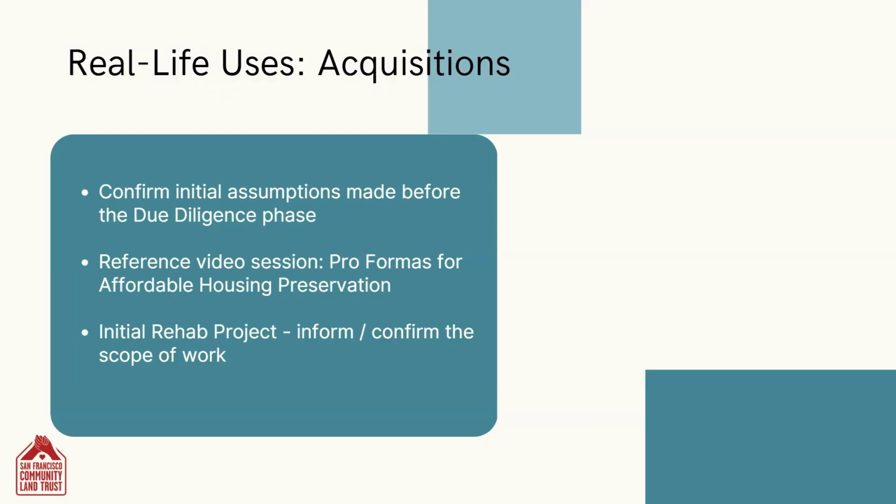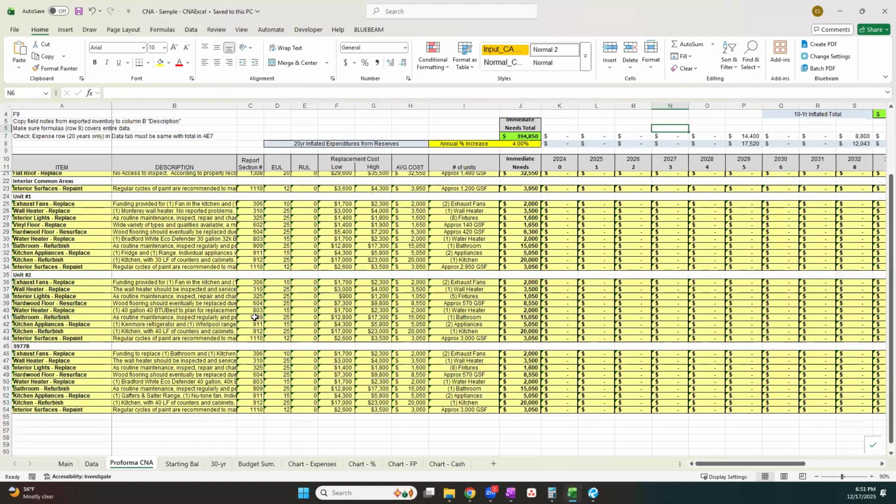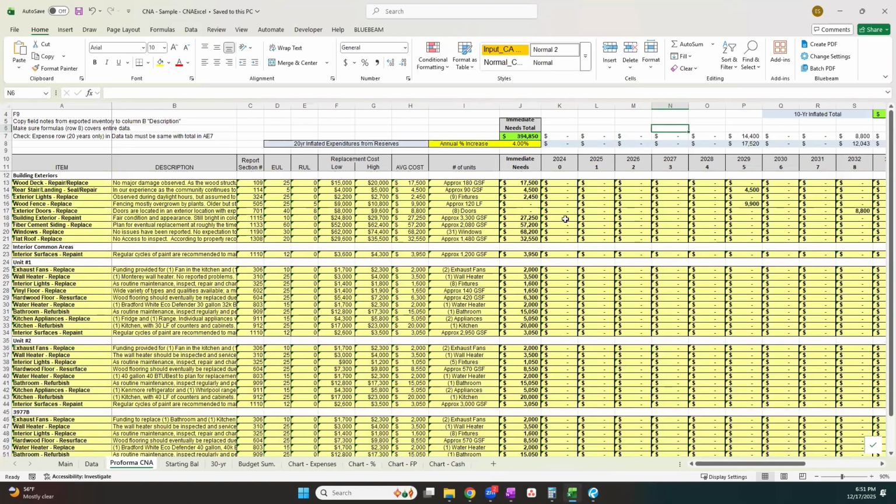Typically, with the basic package that you pay for a CNA and a reserve study, the deliverable is a PDF file like the one we went through. I would actually recommend, in addition, asking that your vendors provide you with an Excel that has the pro forma CNA in it. So this format can be copied and put directly into your pro forma. It has each of the components.